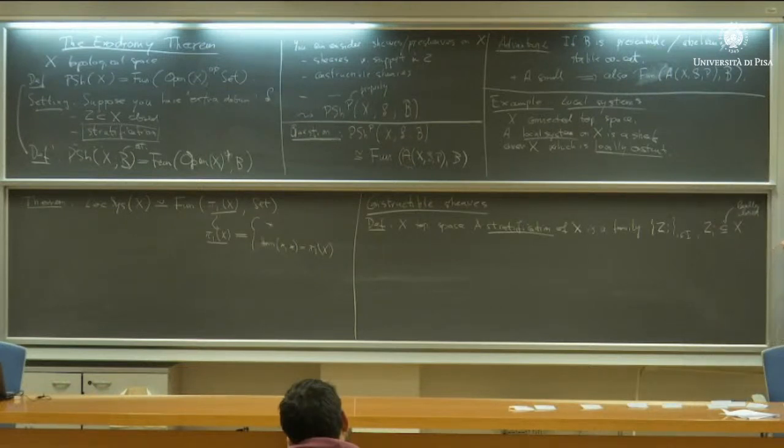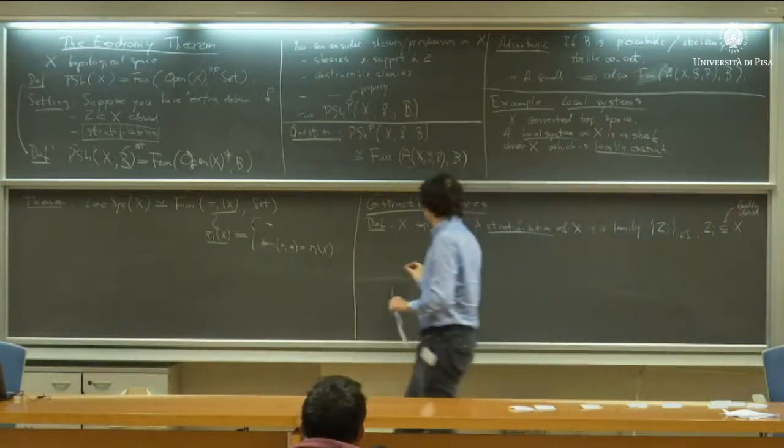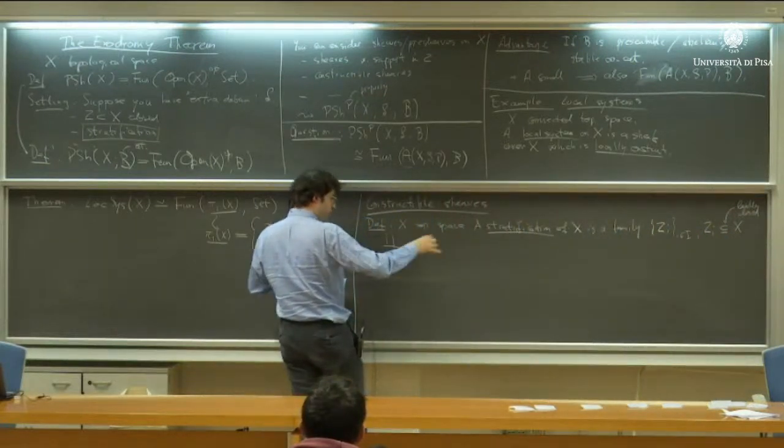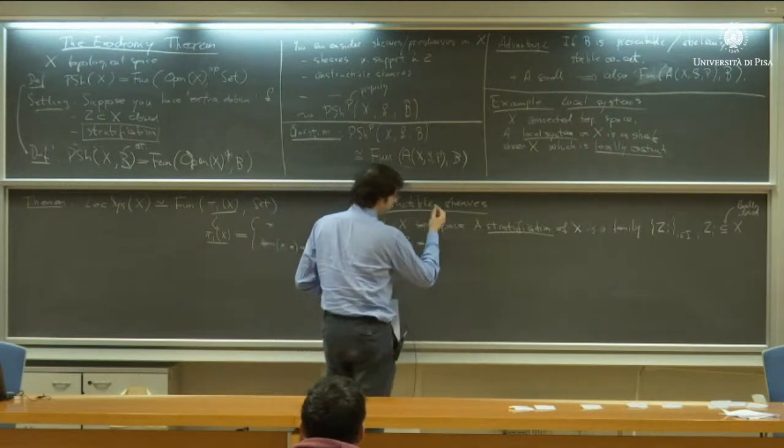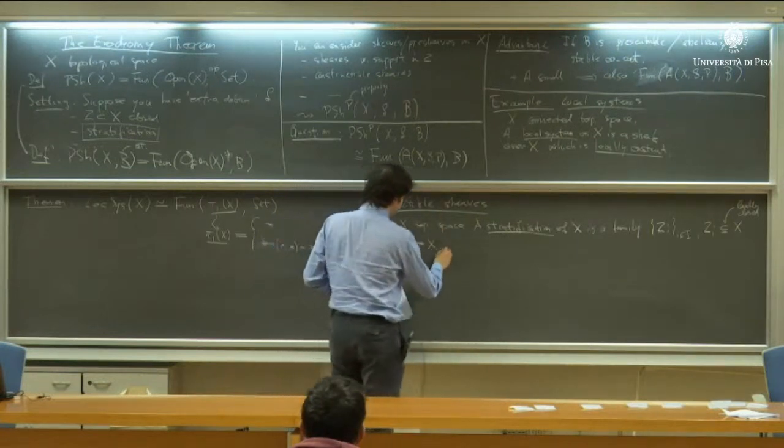These are a partition of X, so they are all disjoint, and their union is exactly X. Plus, there is some condition, called the condition of the frontier, that I have to state.